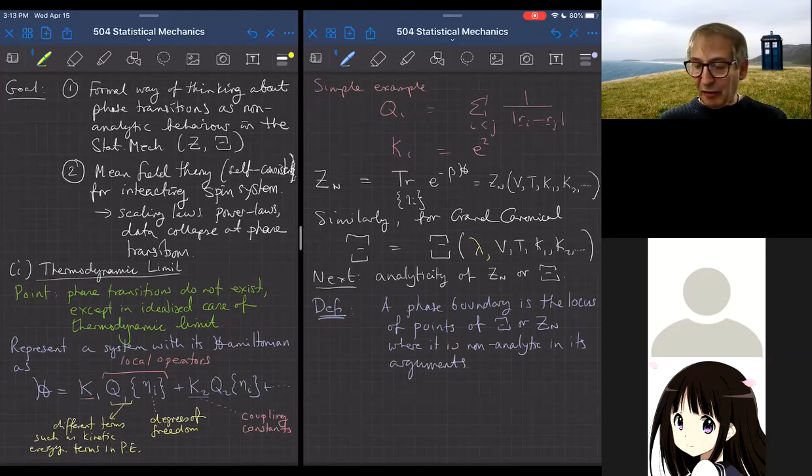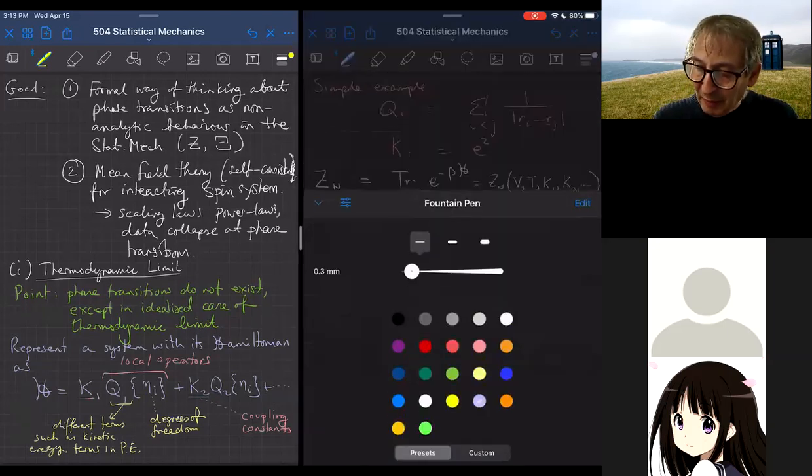So let's draw. You might ask, well, why are we talking about phase boundaries? Why don't we talk about phases? Well, the reason is, and it's something I've said before, is that phases aren't really very well defined.